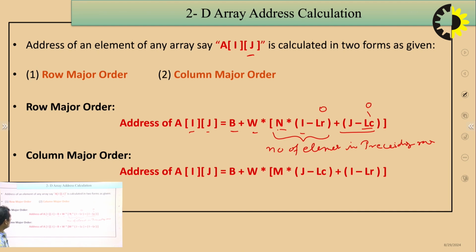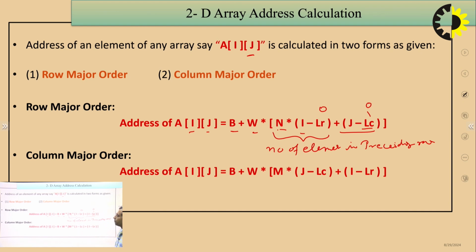And for column major order, for 2D column major order, elements are stored in column form, meaning the first column's elements are stored first, then the second column is stored next, then the next, in this manner.